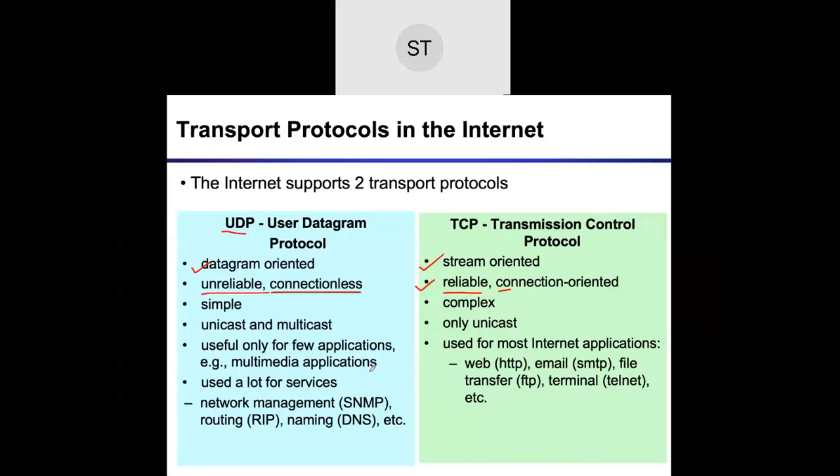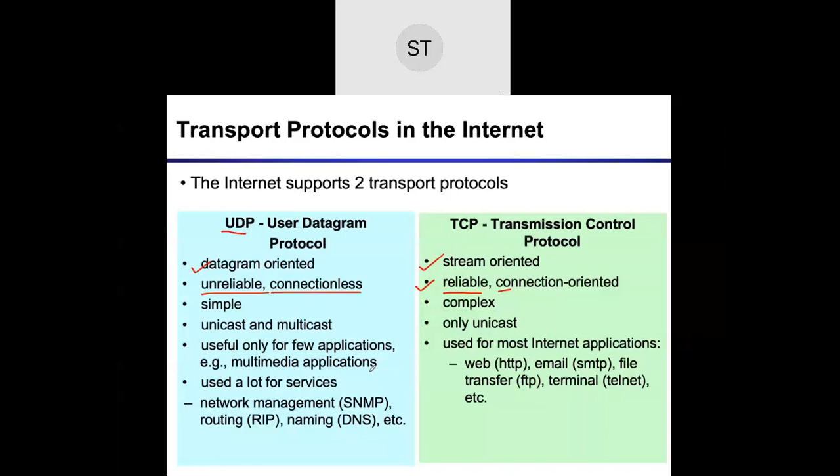Once the connection is established, data transfer takes place, and as the connection is already there, what you can achieve is sequential packet exchange. But in UDP, as it is connectionless and unreliable, there is no guarantee that packets are reaching sequentially to the destination.